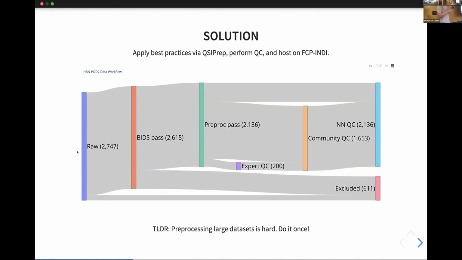So we did sort of a hybrid QC approach where we selected 200 participants for expert QC, about 1,600 participants for community QC. I'll go into this a little bit later. And then we trained a neural network to predict the community QC ratings for the remainder of the participants.